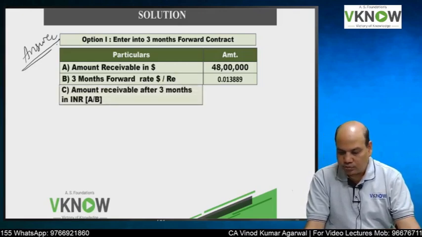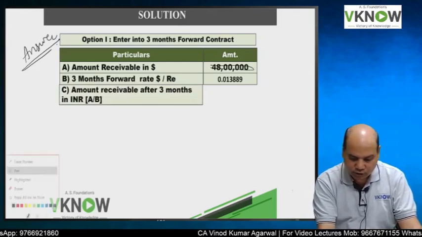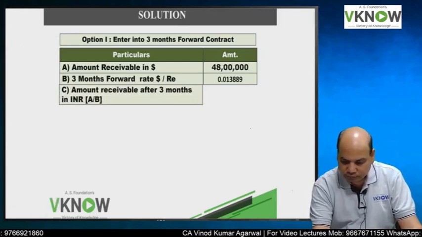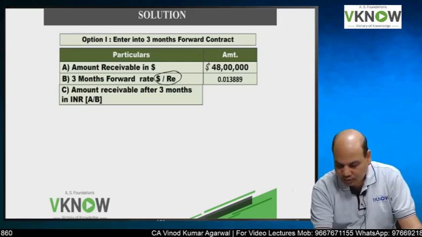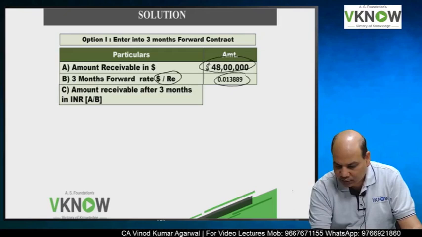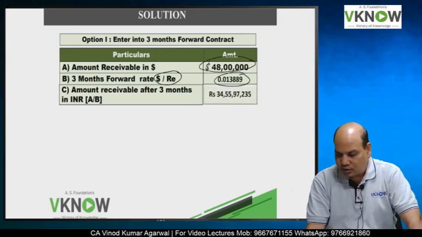So convert into rupees now. This is dollar, 48 lakh dollar. And this is rate per rupee. So when the currency is in dollar but the rate is in rupee, you will divide. One student is saying this is my favorite question. Very good.